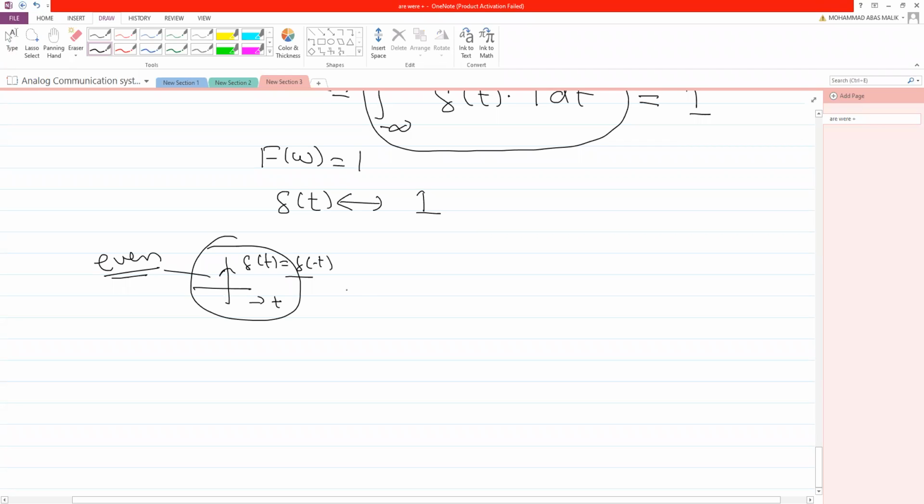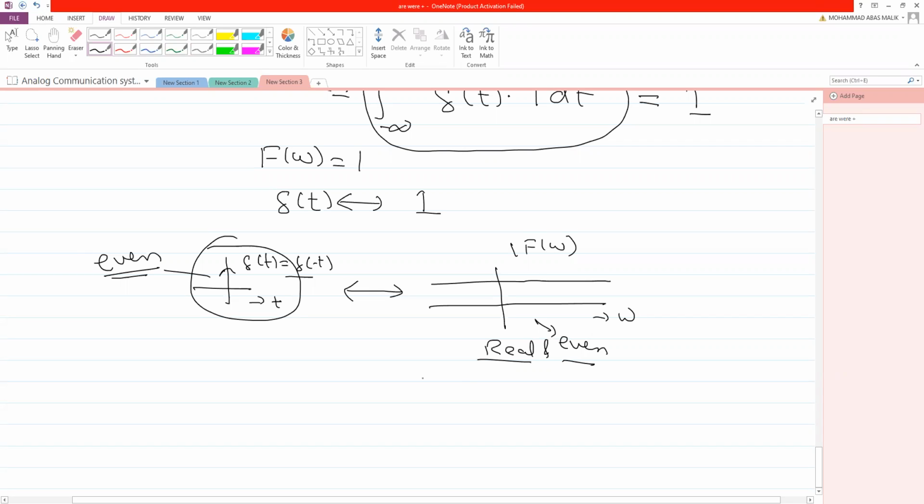So for an even signal, its Fourier transform will be purely real and even. And that is, this is omega, magnitude of F of omega, and it's equal to 1. You can say purely real and even.